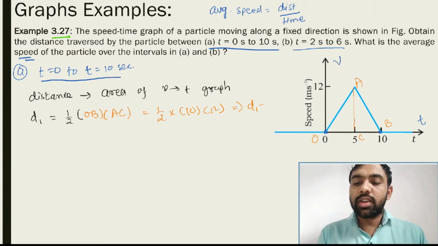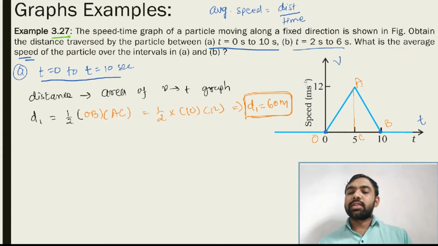So distance d1 is equal to 60 meters. That's our first answer.